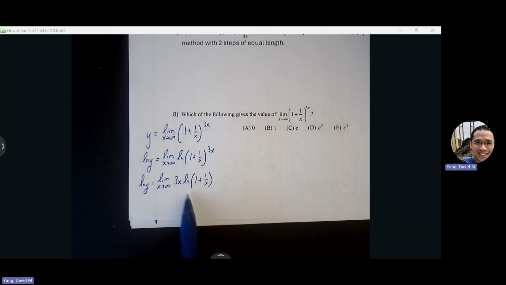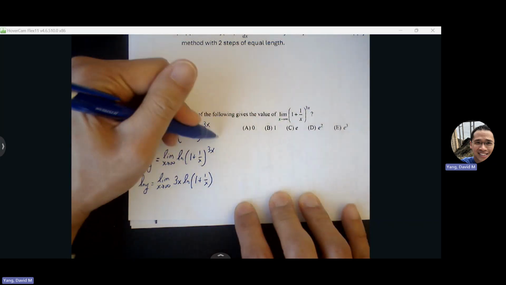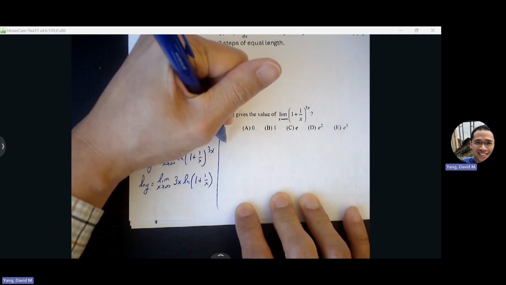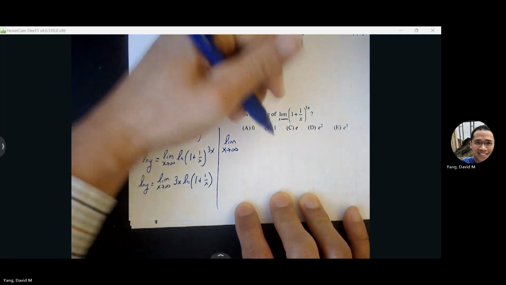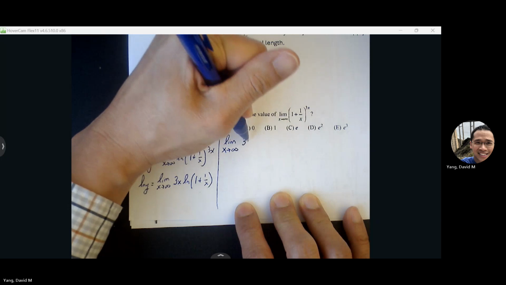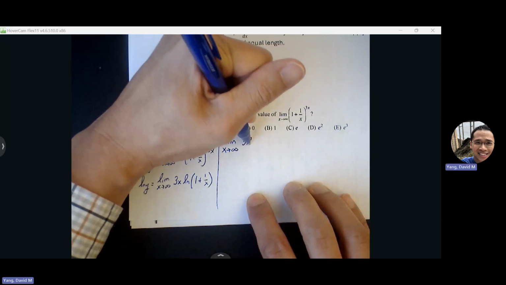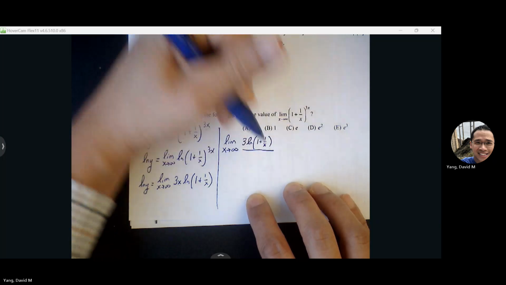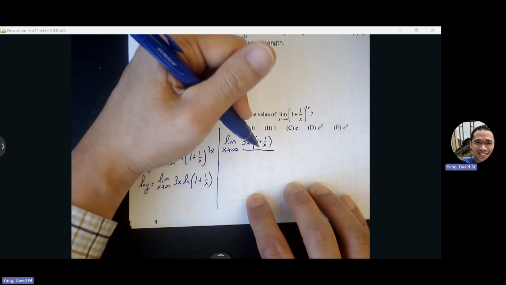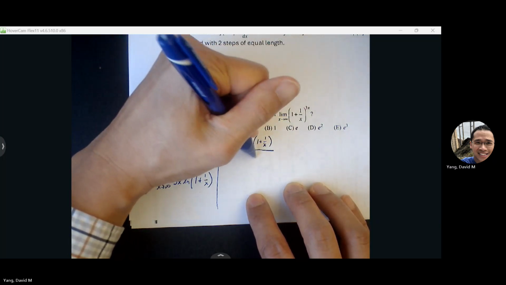Divided by 1 over x, same thing as multiplied by x. We're just rearranging that expression so we can get that condition that we want out of L'Hopital's.